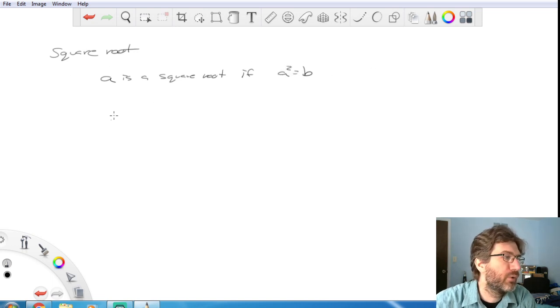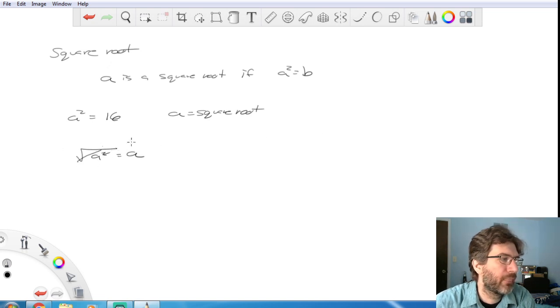So if you're given b as 16, so if b equals 16, a squared has to equal 16. A would be your square root. So it kind of undoes squaring. So the square root of a squared is going to equal a. These will cancel out and give you a.